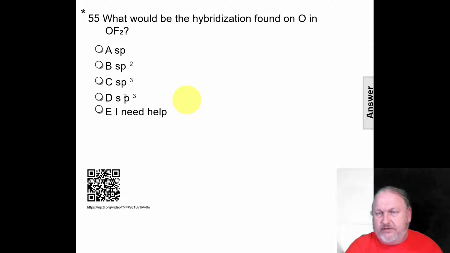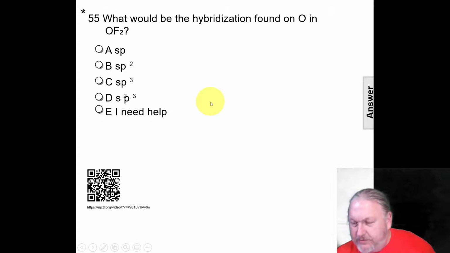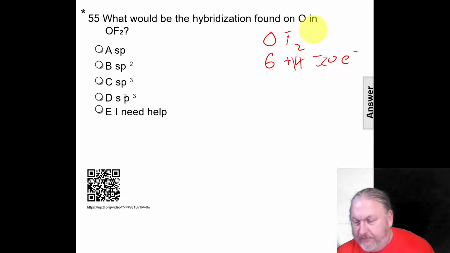What would be the hybridization found on oxygen in oxygen difluoride? You're going to have 2 lone pairs. Let's see, I may have to draw that out. So oxygen 6, plus fluorine 7 times 2 is 14, so you're going to have 20 valence electrons.